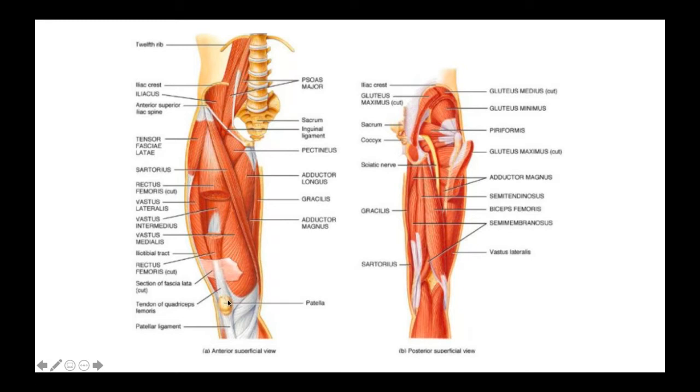All four quadriceps cross over the patella and insert on the tibial tuberosity. The soft tissue structure above the patella is called the patellar tendon, also known as the quadriceps tendon.